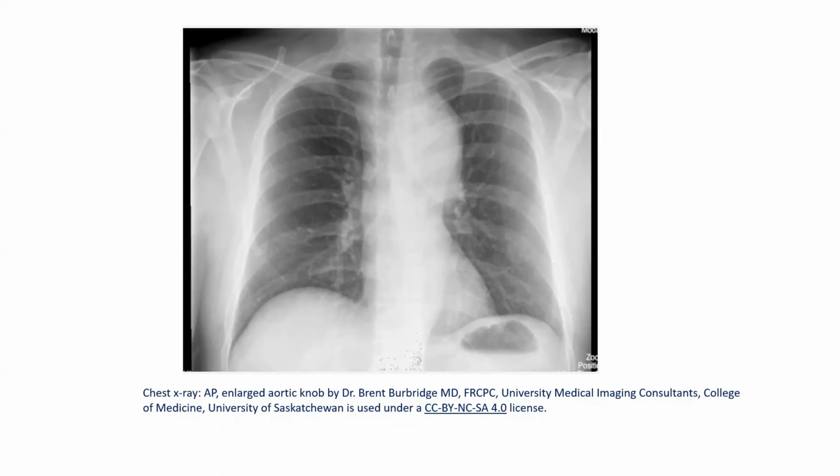But I will be concerned about dissection, because dissection looks like this. So if I have a patient with dissection-like chest pain, and then I have this chest X-ray, then I'm going to activate the team to respond to this emergency, and this is dissection. Okay.